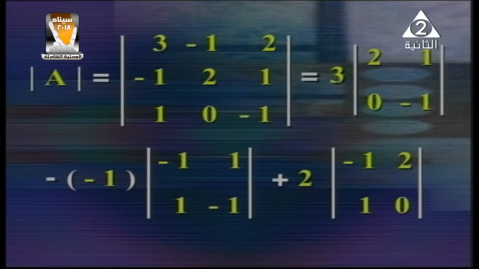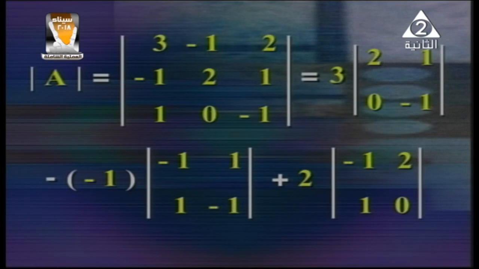Next, -1 is A(1,2), the first row, the second column. We remove the first row and the second column. The determinant is [-1, 1; 1, -1].